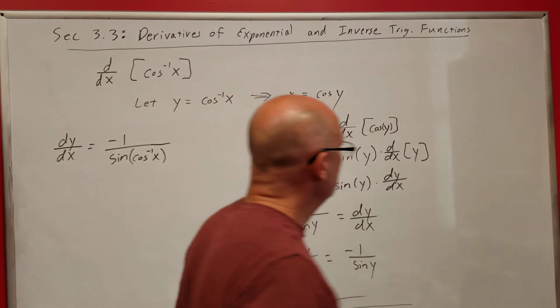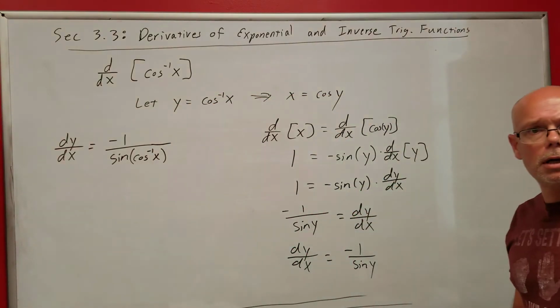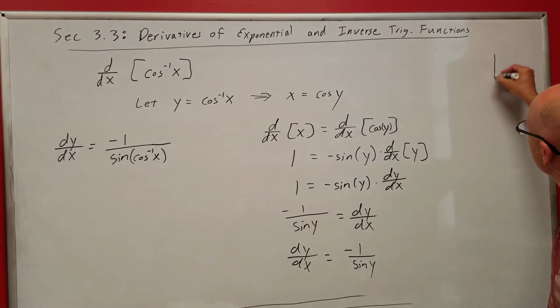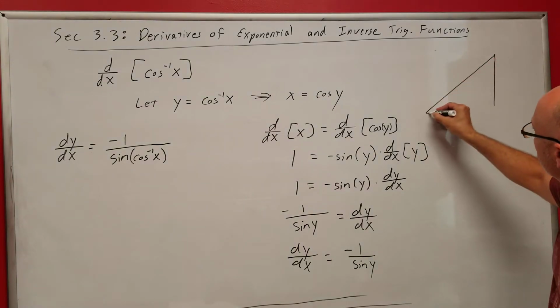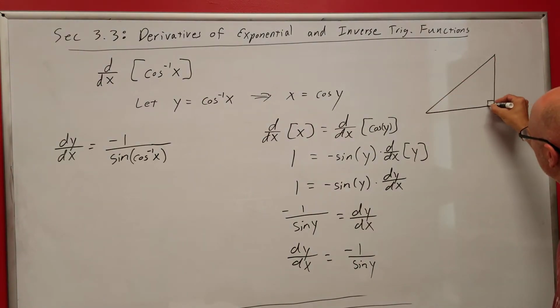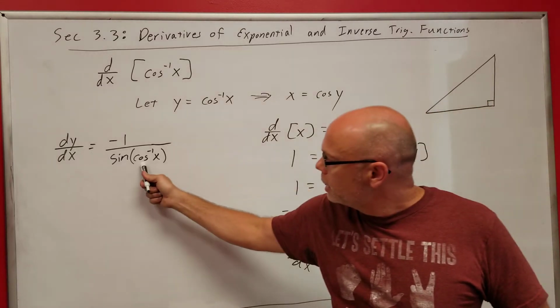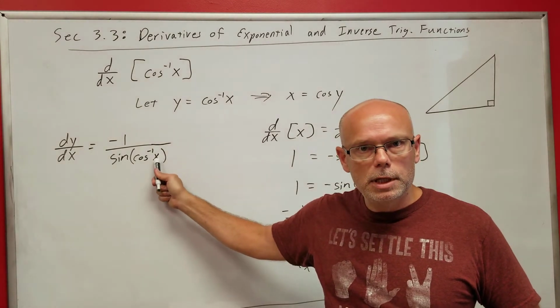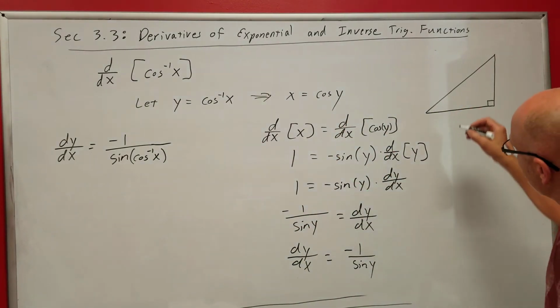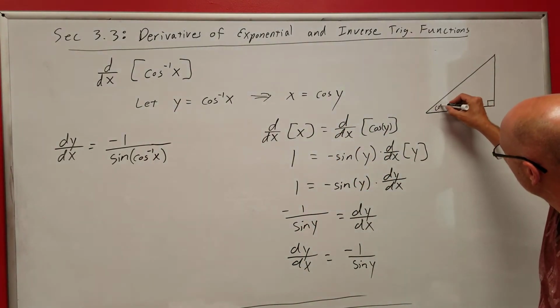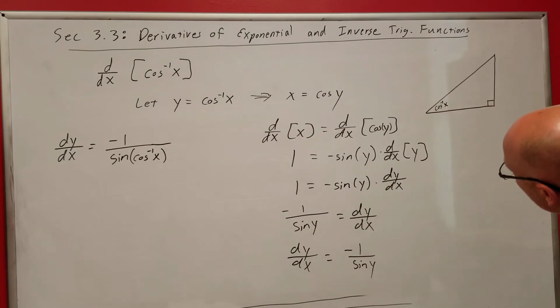Let me see if I can rewrite this somehow. Back in chapter 1, we learned about right triangles and using the triangle properties. What does this mean, the inverse cosine of x? That means the angle whose cosine is x. I'm going to say it's this angle in my right triangle.